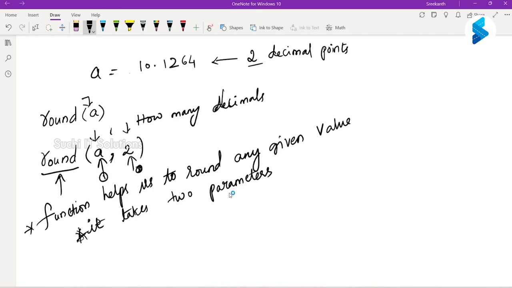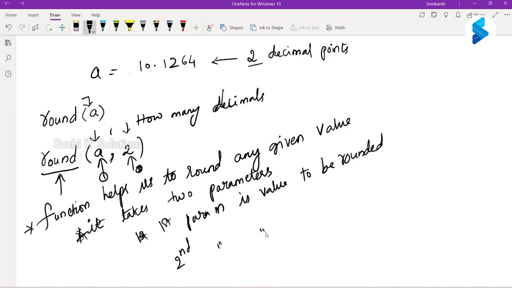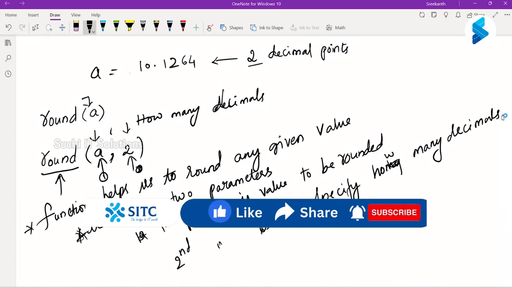The first parameter is the value to be rounded. The second parameter is to specify how many decimals. Okay, are we clear with this?